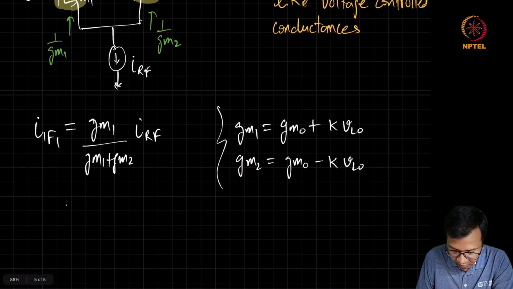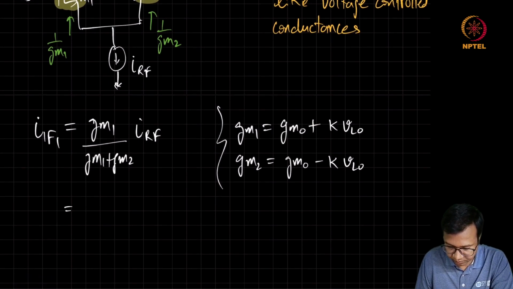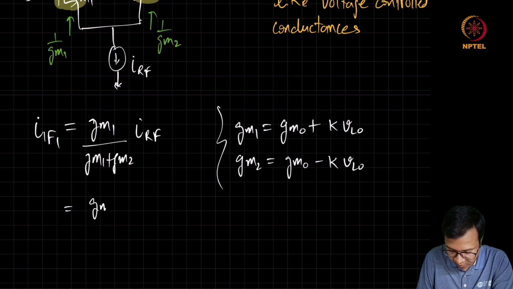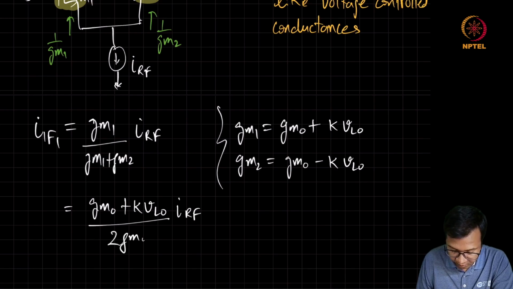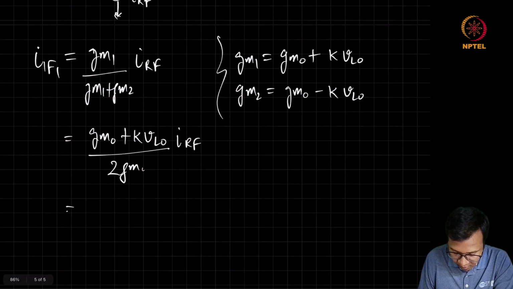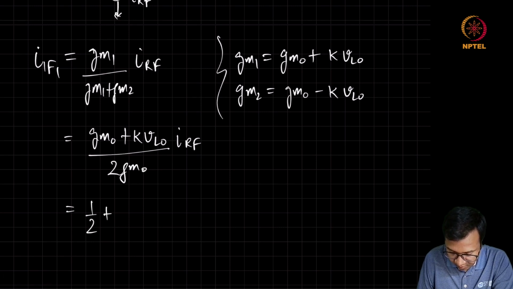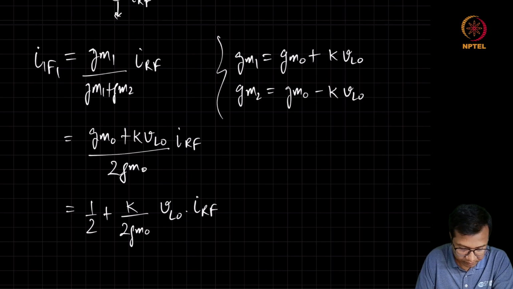So in such a scenario, we can write it as GM0 plus K VLO divided by 2 GM0, into IRF. Now it is half plus K by 2 GM0 times VLO, into IRF.